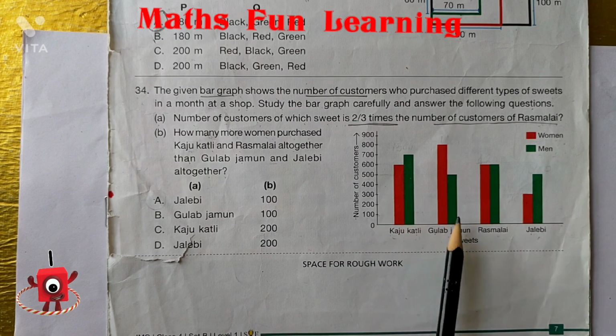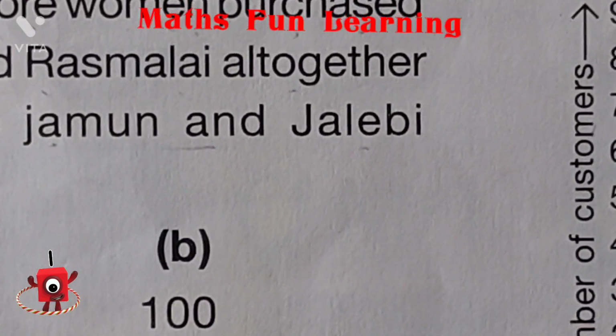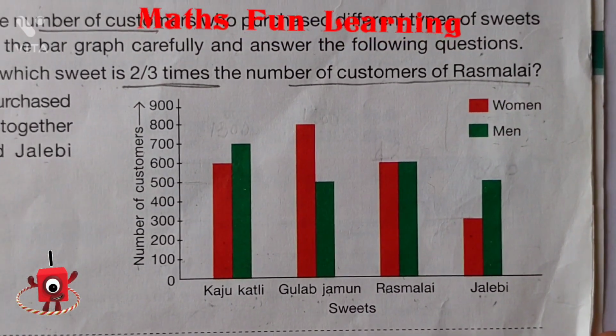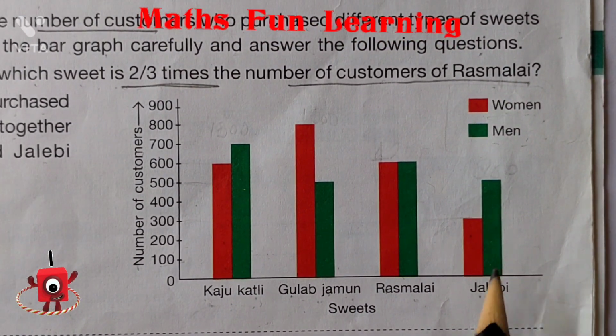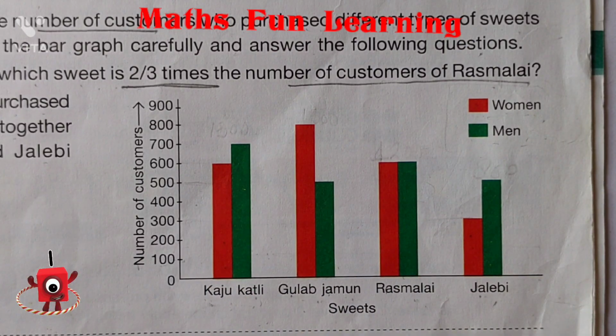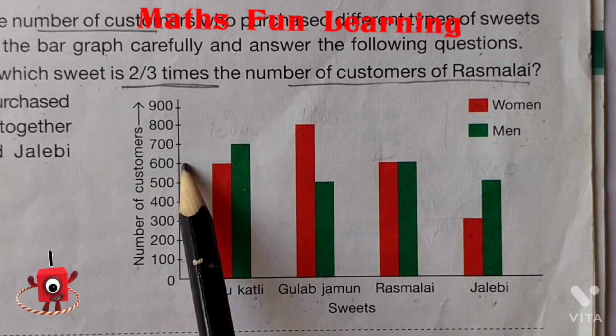How to study this bar graph, kids? You have to count the total number of customers. For Kaju Katli, red is the women. Let's count the red one.